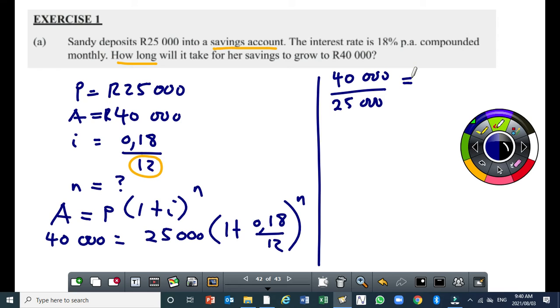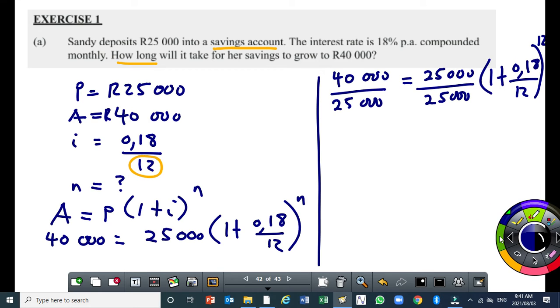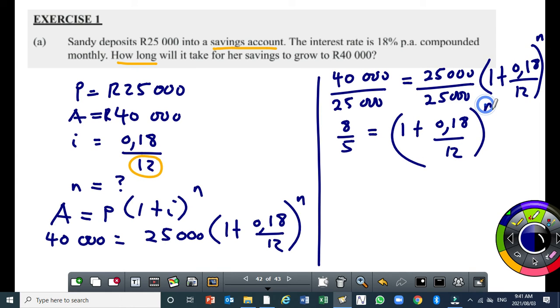That will be 25,000 over 25,000 times 1 plus 0.18 over 12, all raised to the power of n. Okay, so if I divide this, I'll get 8 over 5 is equal to 1 plus 0.18 over 12, all raised to the power of n.